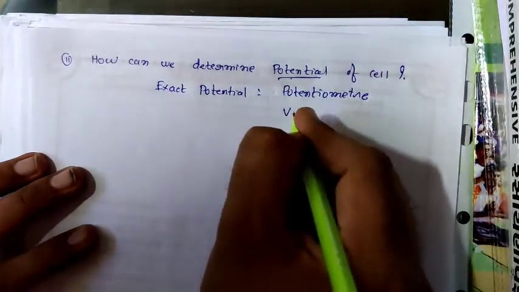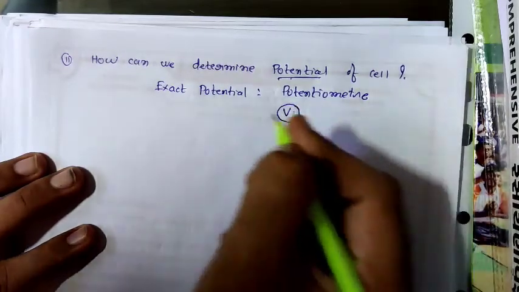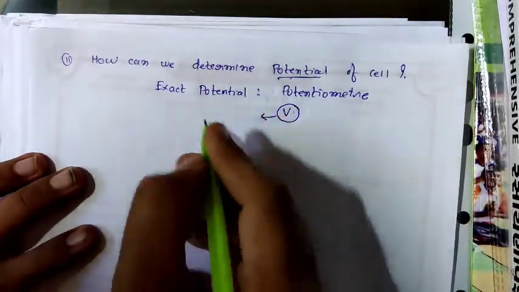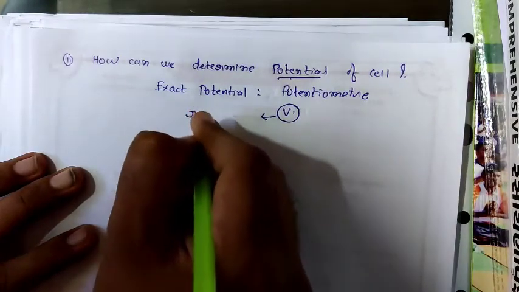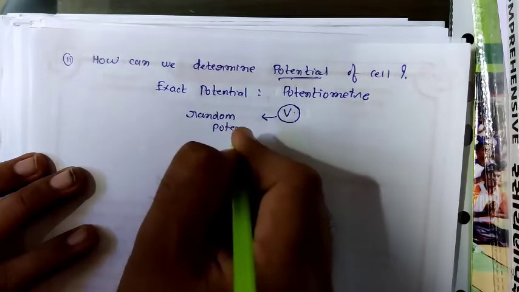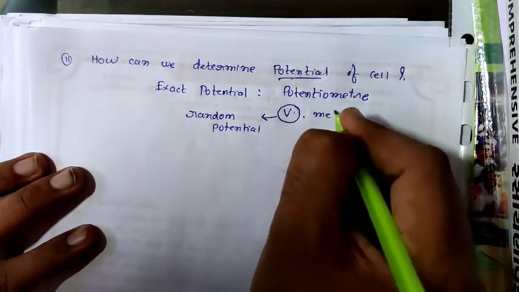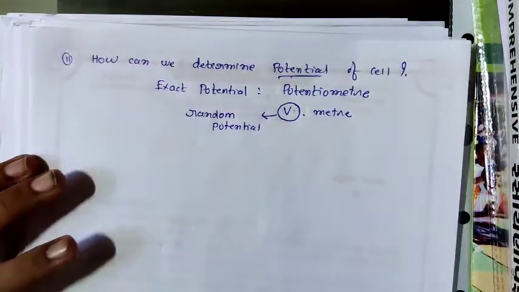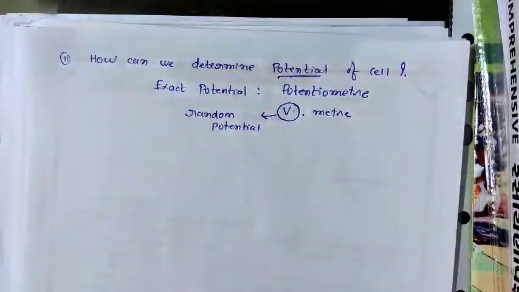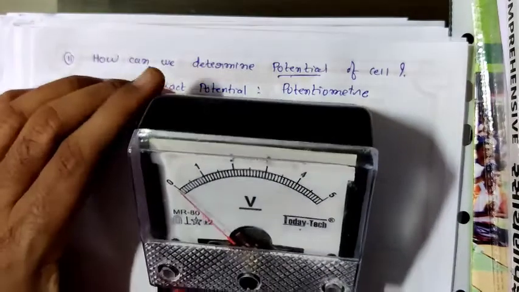And the voltmeter is also an important instrument for the measurement of potential, but random potential is measured by the voltmeter. I think you all have seen voltmeter, potentiometer or galvanometer in physics, but we are repeating this important point. This is a voltmeter.